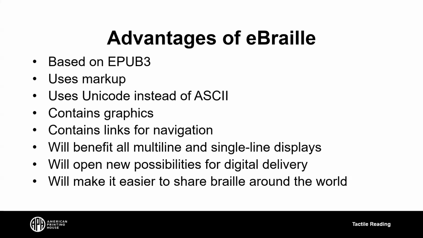And there were a ton of advantages to doing it this way. By basing it on this existing file type, we didn't have to reinvent the wheel. We didn't have to come up with everything from scratch. Our specification is actually relatively short because we didn't have to go back through and define EPUB.